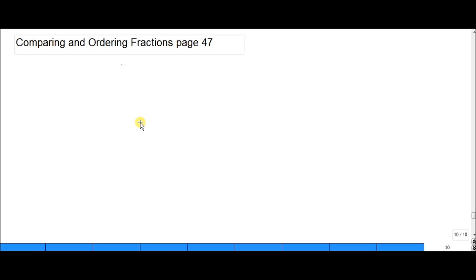So solving the same problem that they have presented, they gave us 3/4, and we were to compare it with 9/16. Okay, so we are to compare, and in comparing we could say that something is less than, equal to, or greater than. So let's look now.